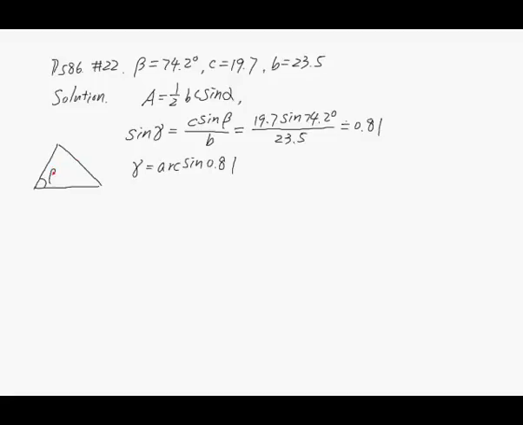So this is beta, this point B, and this is gamma, this point C, and this is the point A, and c here, and b here. And we know b is greater than c, so the angle beta must be greater than angle gamma.